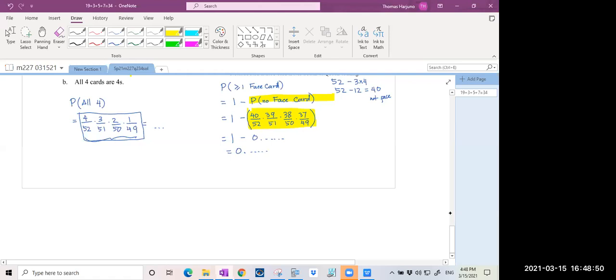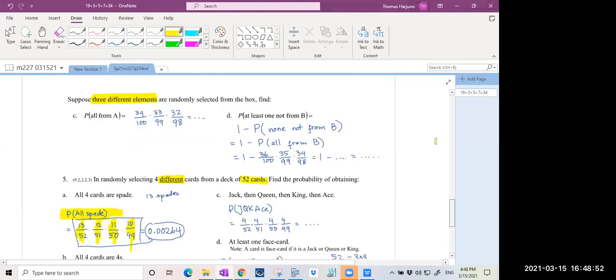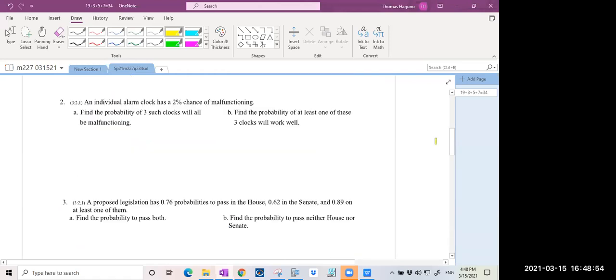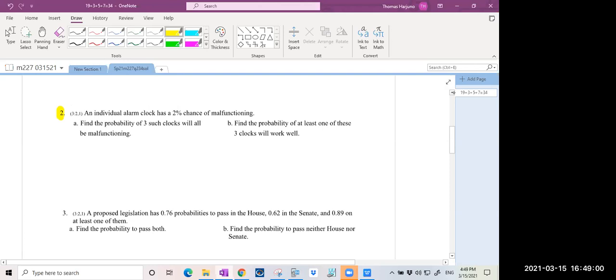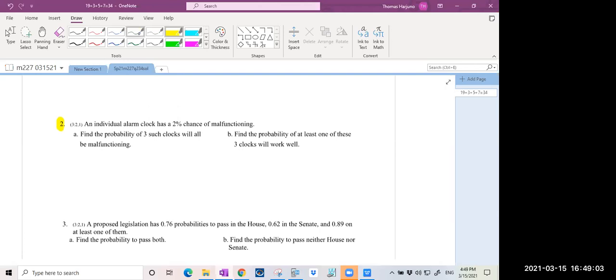By the way, only one person got number 2 right, and two of you got it incorrect. This is definitely not my fault. I refuse to take it as my fault. Some of you say 2% is 0.2. No, 2% is not 0.2, it's 0.02.